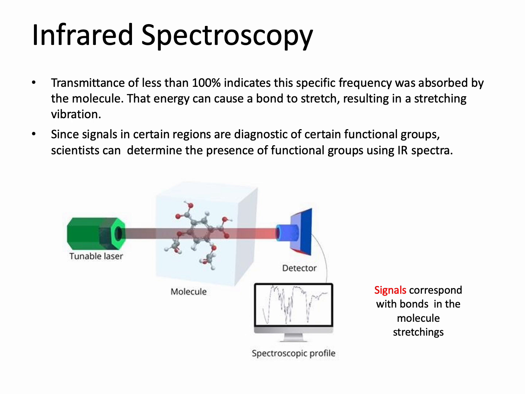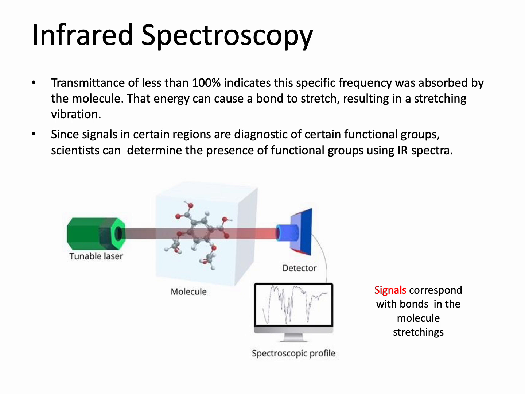So if you have a big molecule like the one that we have here, you have a tunable laser. It's going to pass light across the molecule, and of course not just one molecule. You have billions of molecules in that sample.